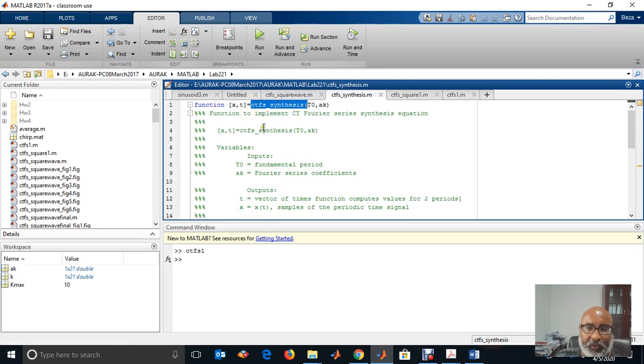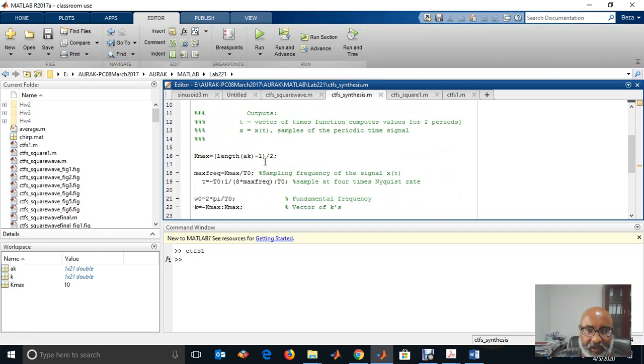So this is how you program functions. These are the variables you will give as an input, for example, in this case, the period T naught and the a_ks. And then this is the output. The output will be the signal x and the time vector t. So by calling this function, I will get the signal x and the time vector t.